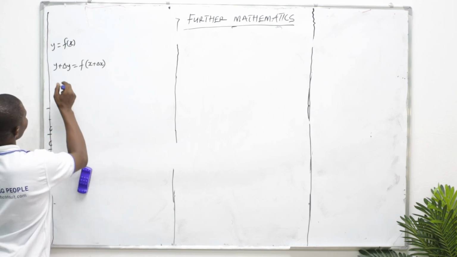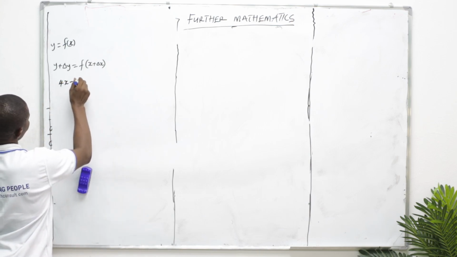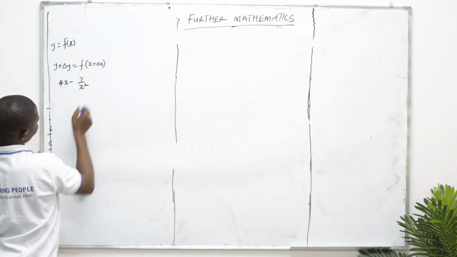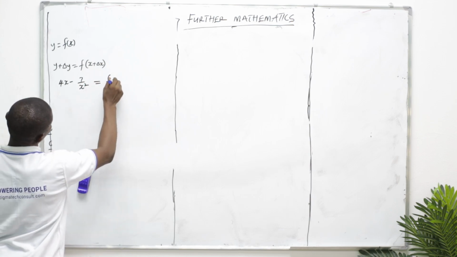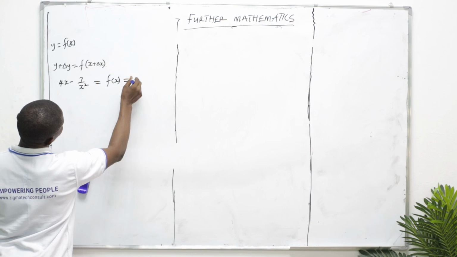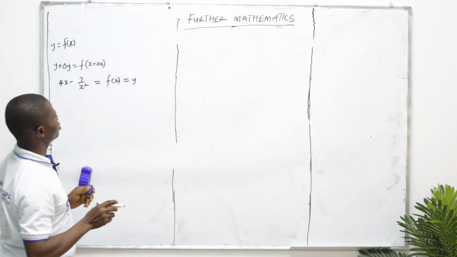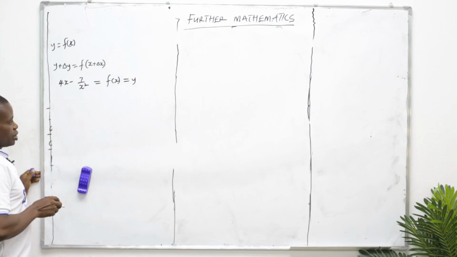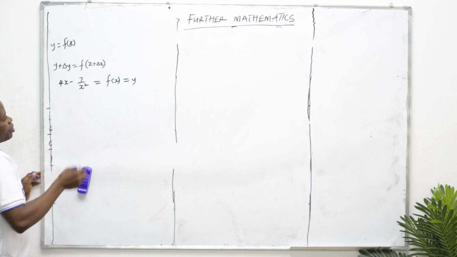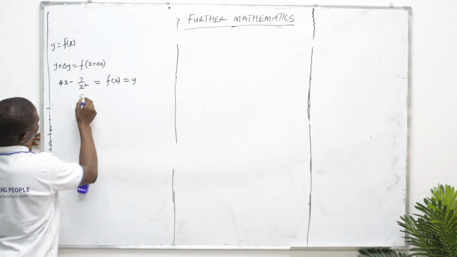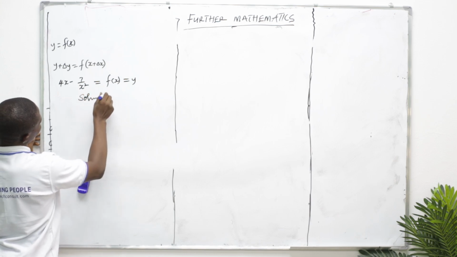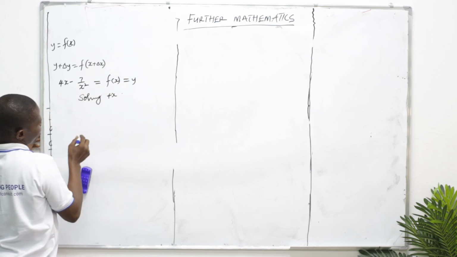So we are given (4s minus 7) all over s squared. This is the same as what? f of s. Is the same as who? y. Good. But if you want to make this easier for yourself, decide to solve them separately. That is, solving for 4s using first principle.